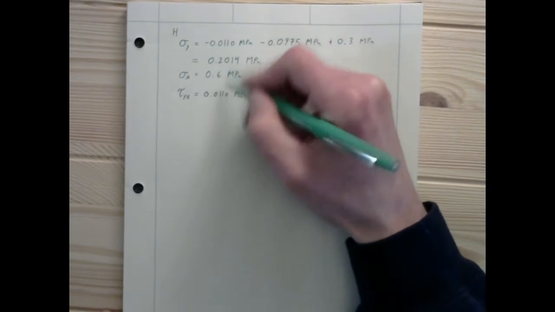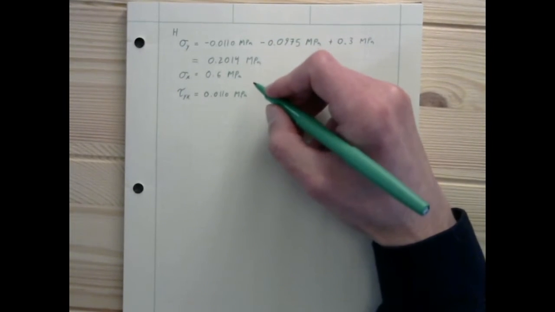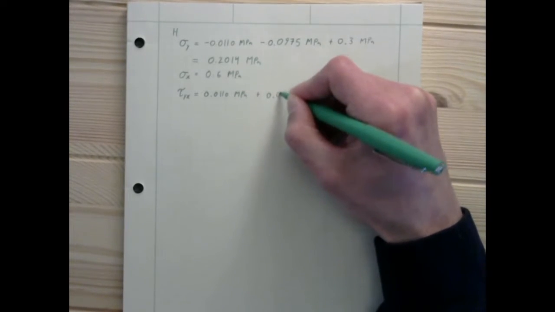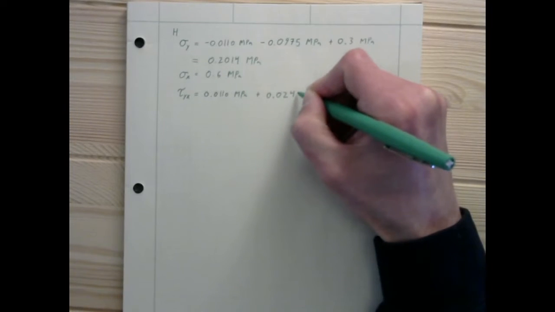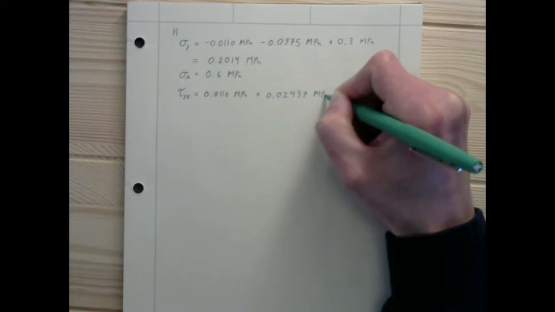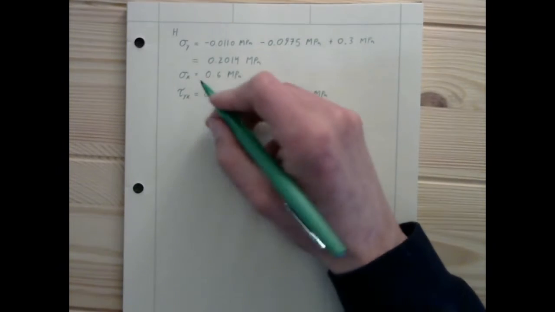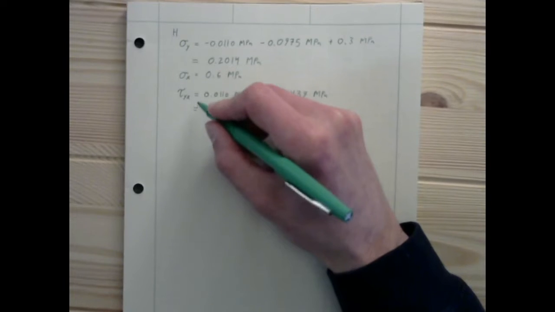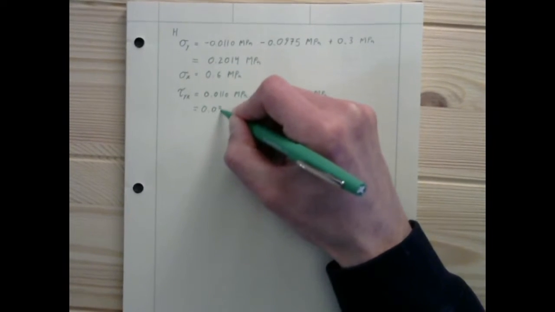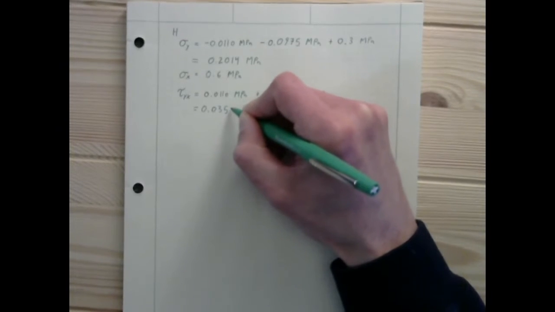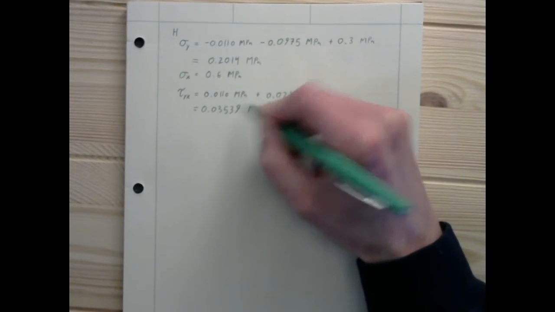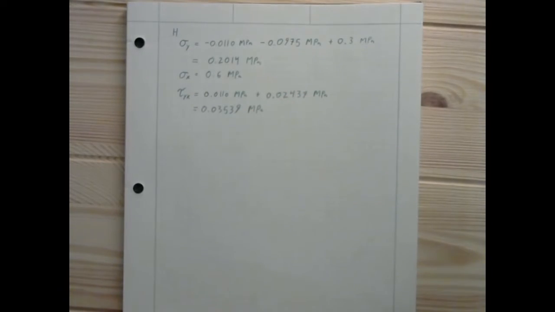Again, same as up there. And then we're also going to have 0.02437. And we said those were in the same direction. And that ends up being 0.03539. I guess I should have written megapascals.